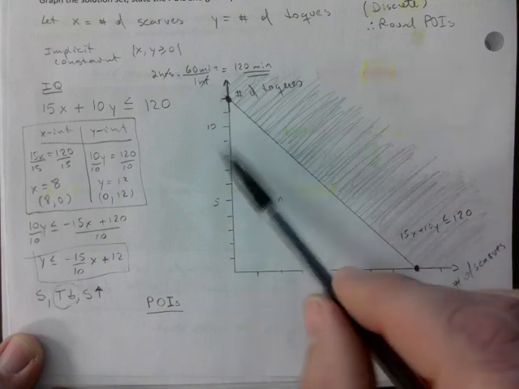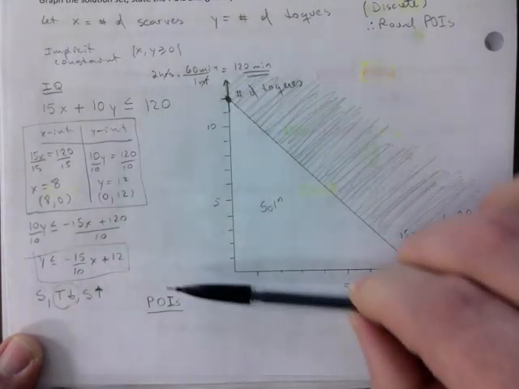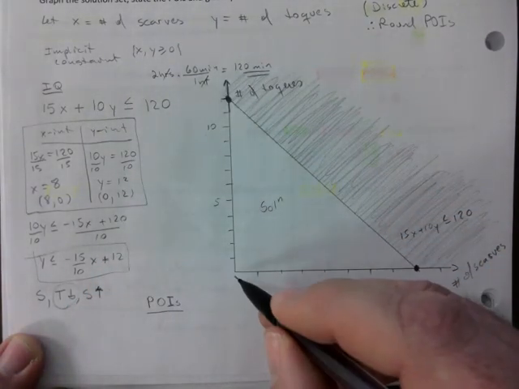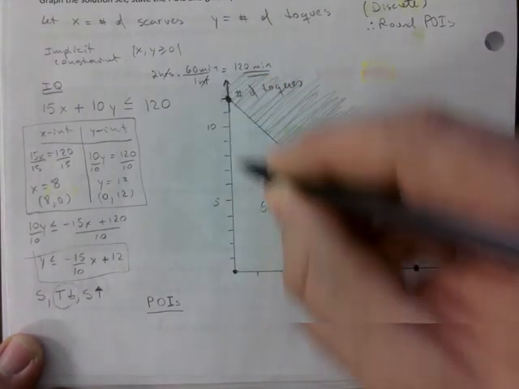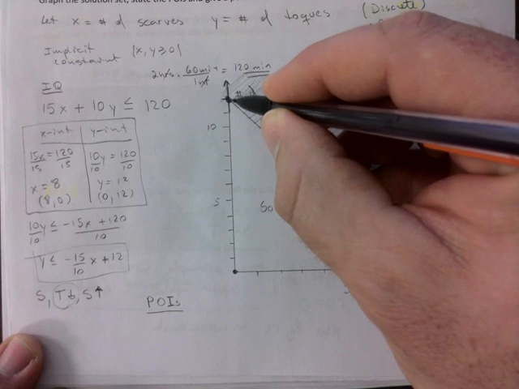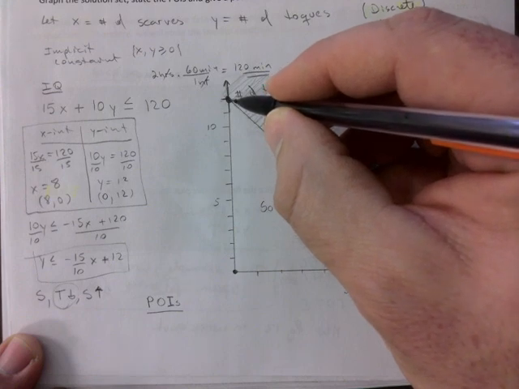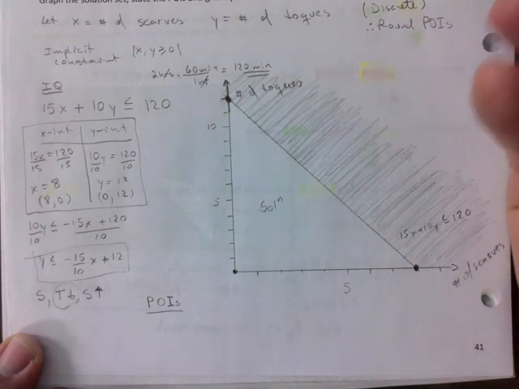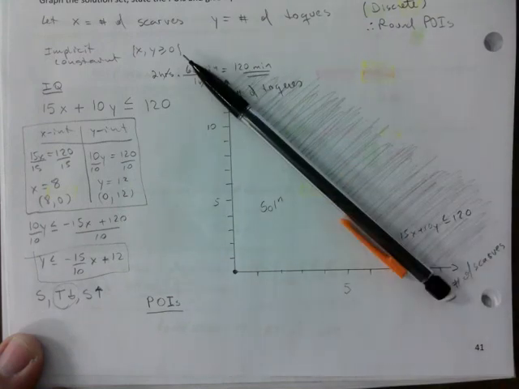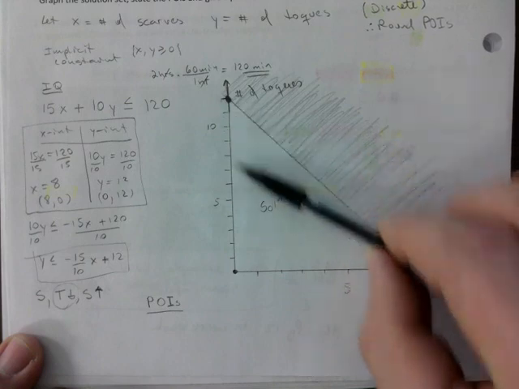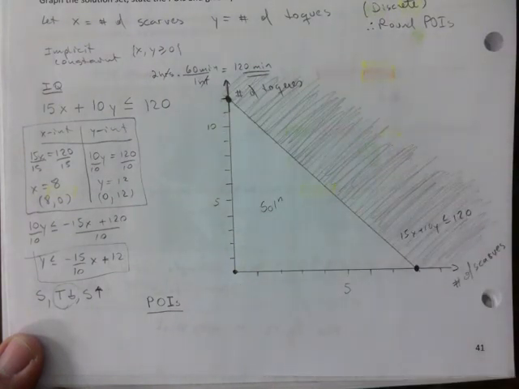It's as if you're shading everything here and here, right? So these are actually POIs. There are 3 corner points surrounding your solution region. If this had not been a word problem, there would actually be no POI because it's not intersecting with any other line, right?